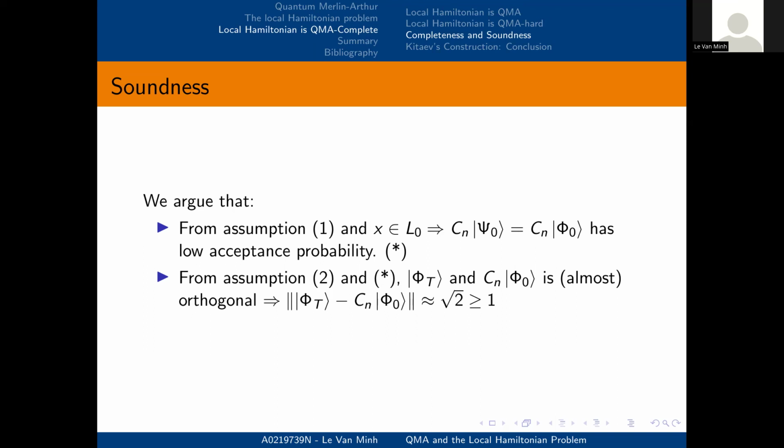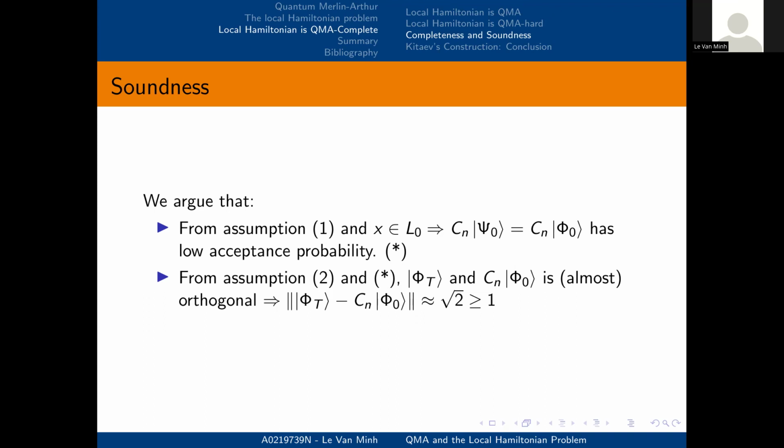That is, if you apply Cn to phi 0, the final state will have the first qubit very close to 0.